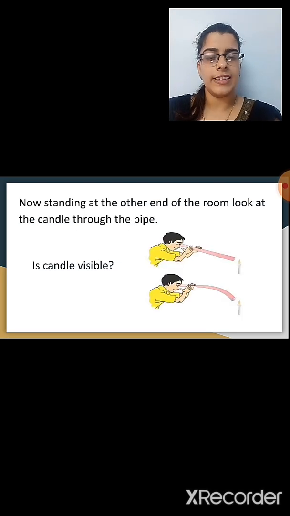Now, standing at the other end of the room, look at the candle through the pipe. Will you be able to see the candle? Is the candle visible? Yes, the candle will be visible.